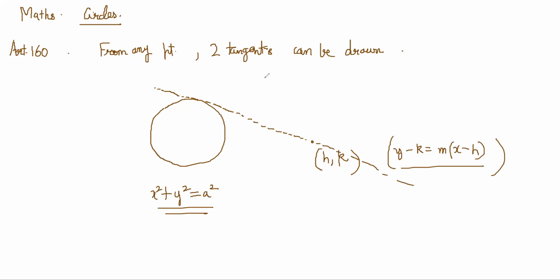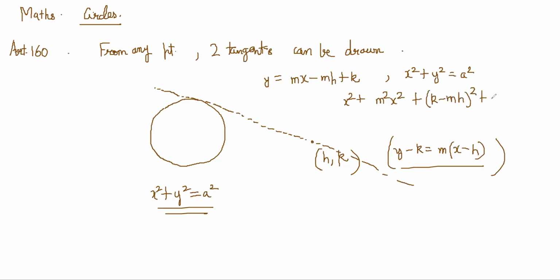So you have y is equal to mx minus mh plus k, and you will substitute that in x square plus y square is equal to a square. So you'll get x square plus m square x square plus (k minus mh) whole square plus 2mx(k minus mh) is equal to a square.